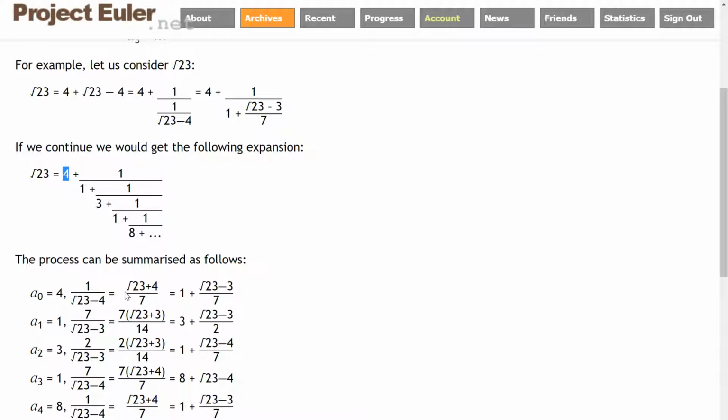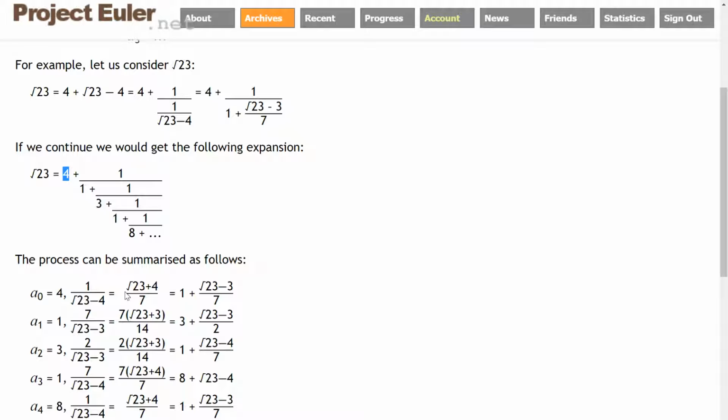This is 1 over. If I do multiplication of plus 4 in the bottom and also in the top, plus 4. I think I found it.